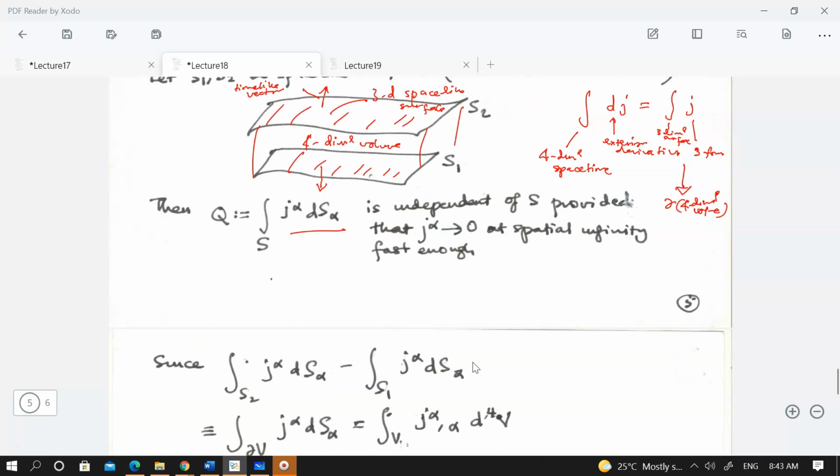Remember that this is the boundary of the 4-dimensional region, so I can rewrite it thinking of this as the boundary.